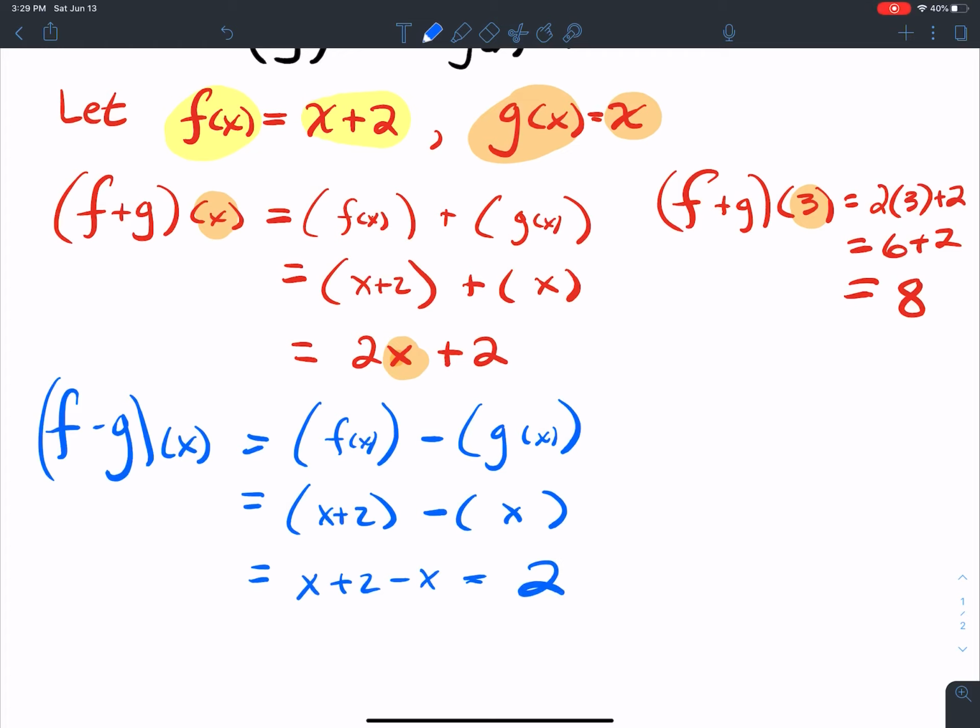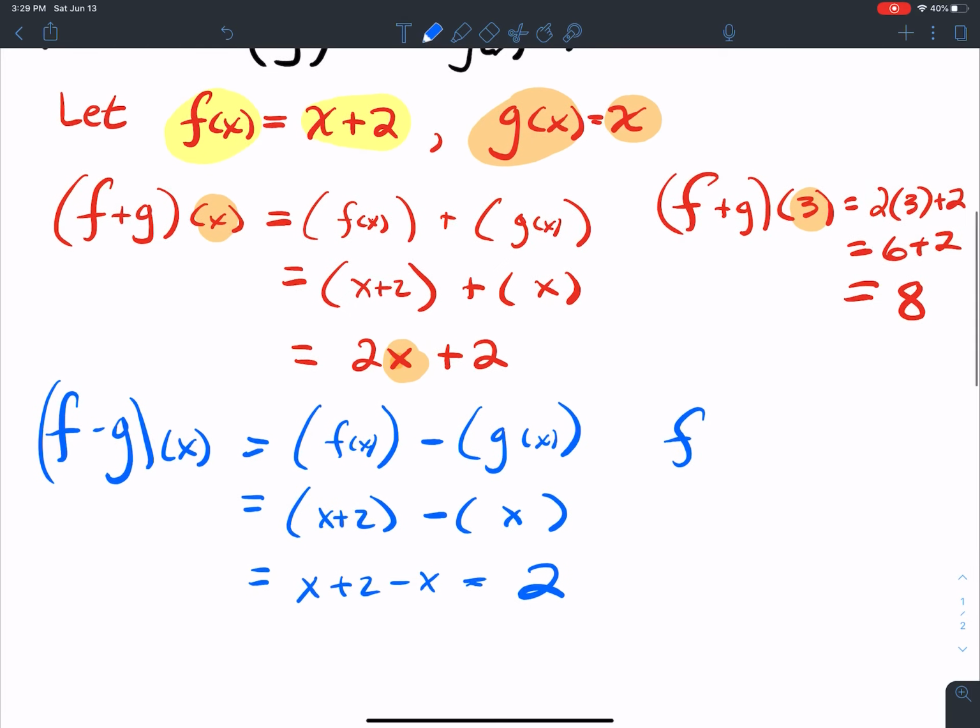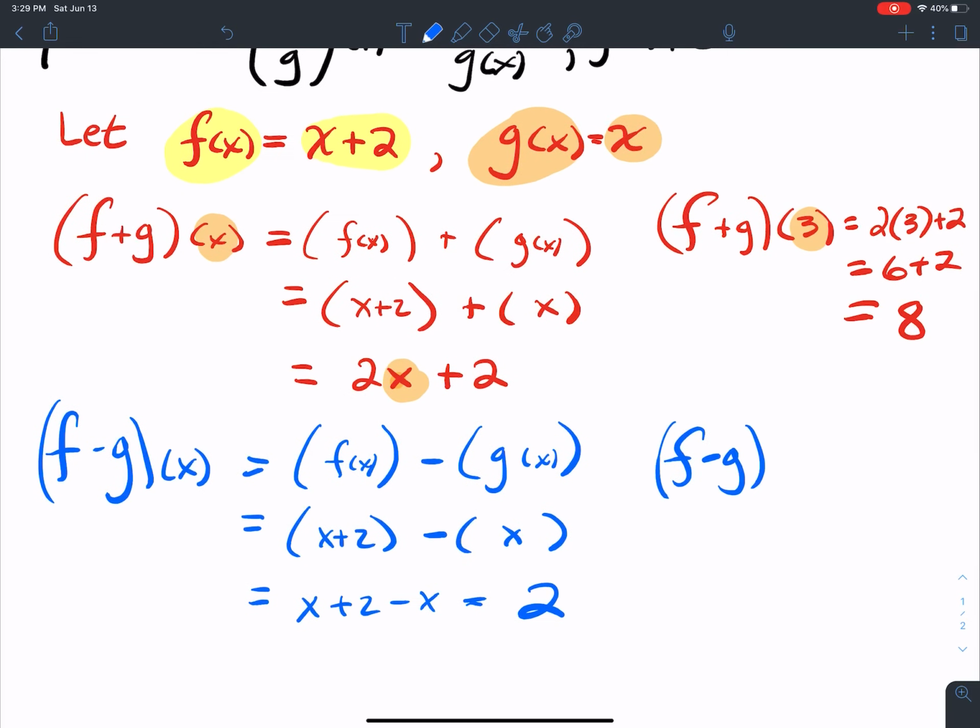Now say I was going to calculate f minus g of 3. When I plug 3 in, what is the only thing that's here? It's a function that's a constant. No matter what x I plug in, I always get 2. So my answer here is just 2. Okay?